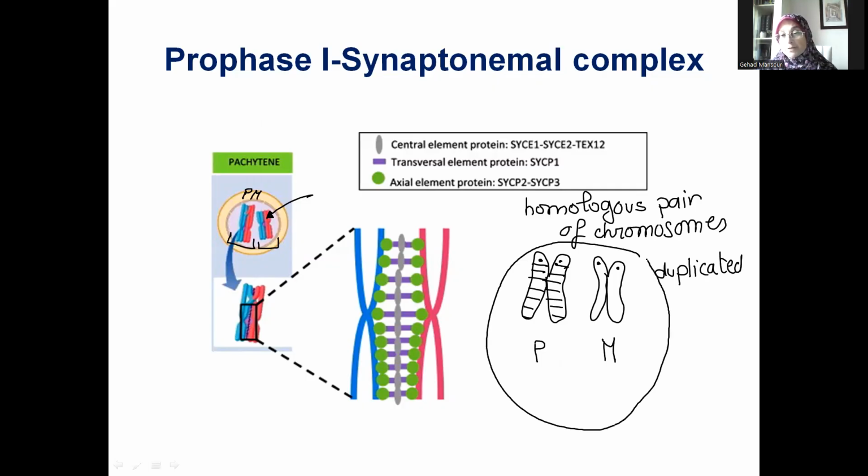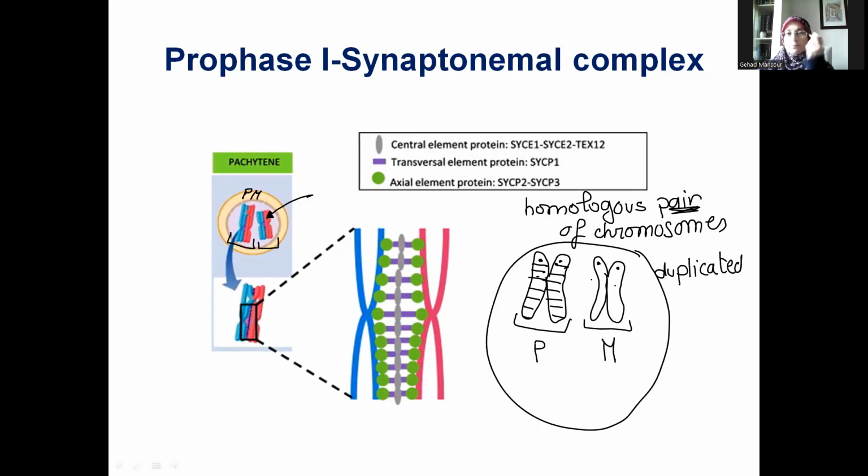So every two homologous chromosomes come close to each other and form a homologous pair, and in that pair, every chromosome, the maternal one and the paternal one, is made of two sister chromatids.